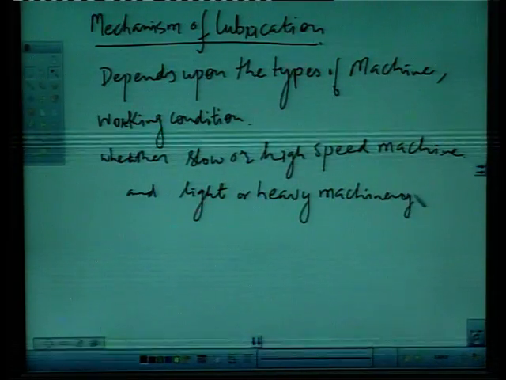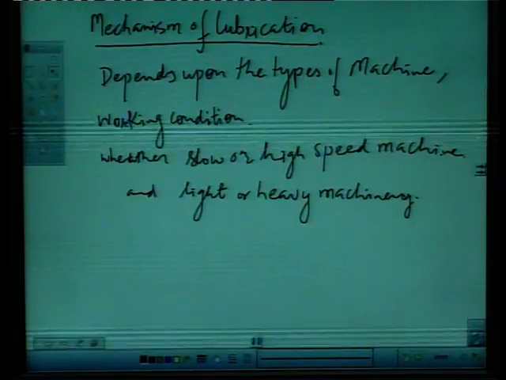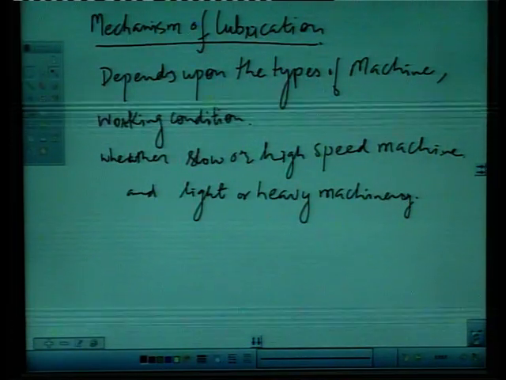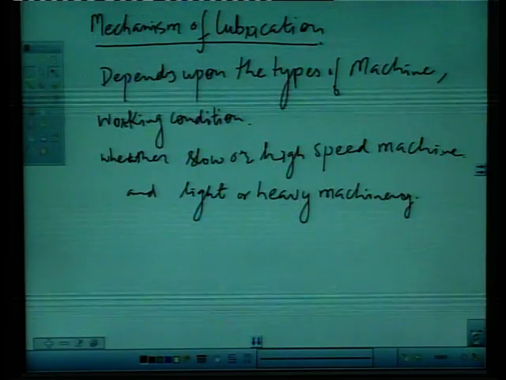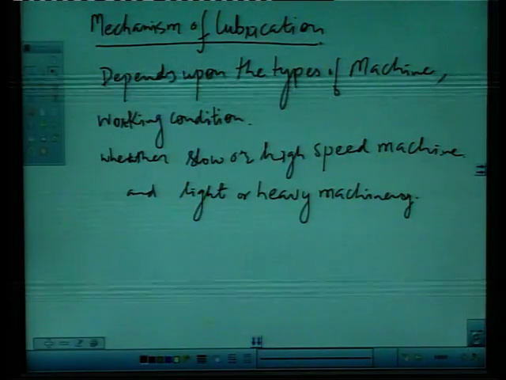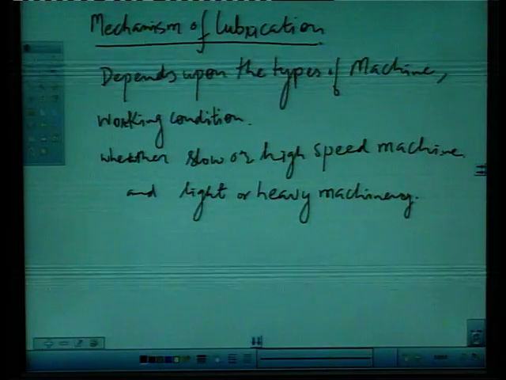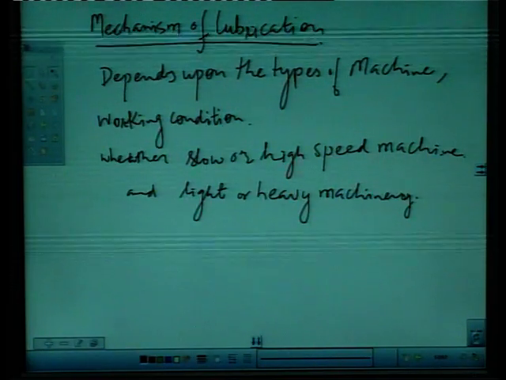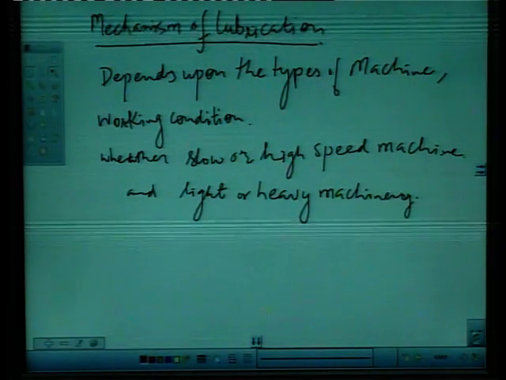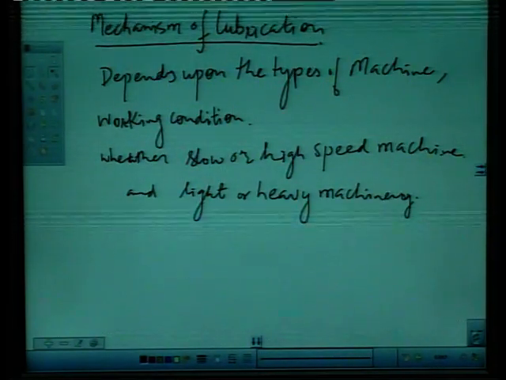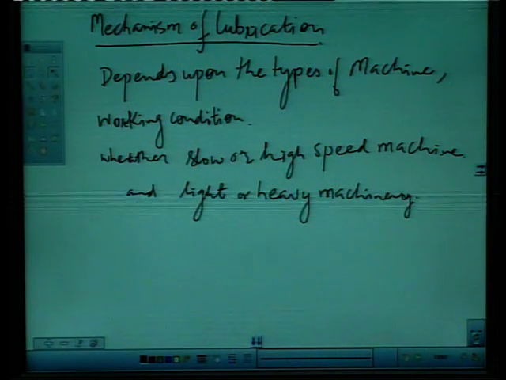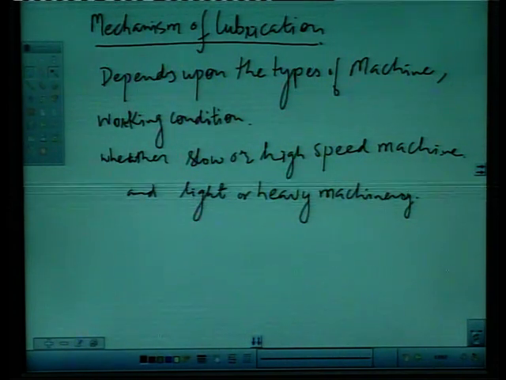So, which machine is it: slow or high speed, light or heavy? According to working conditions and the types of machine, the mechanism is chosen.